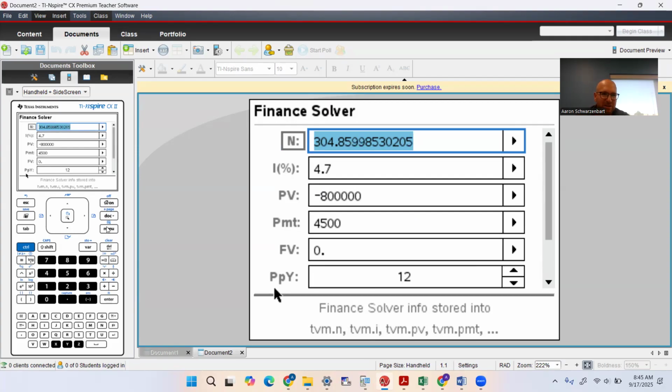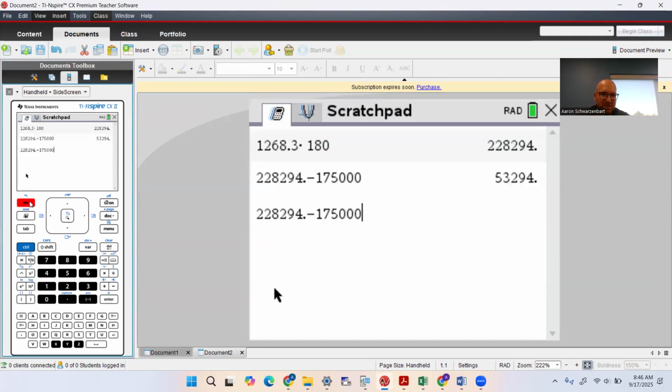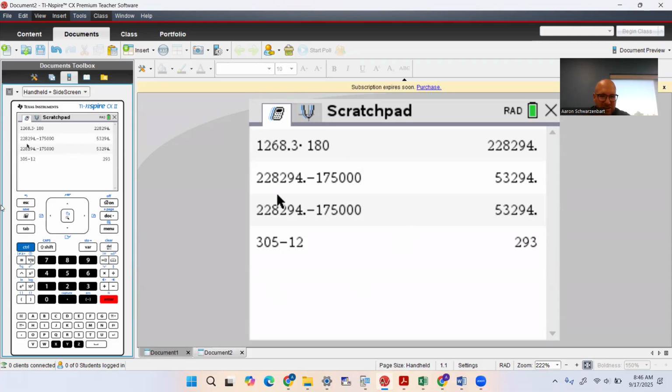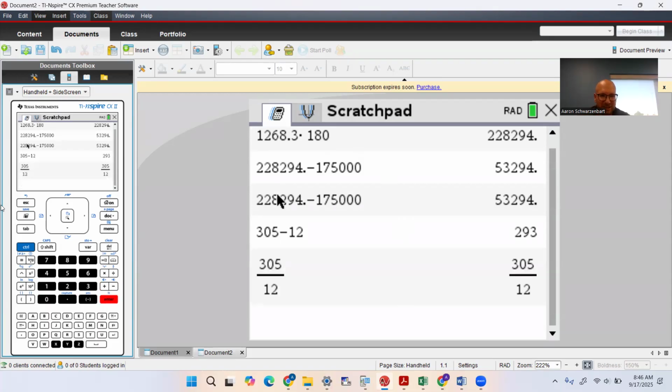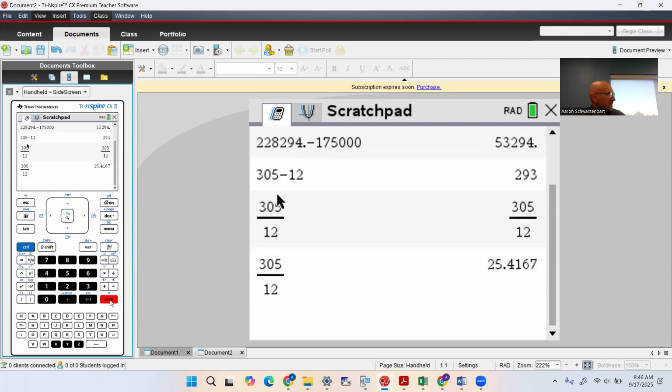Now I don't know what that is in years, so I'm going to have to do it. Definitely pressed the wrong button. And it always gives you the fraction. To get a decimal, you hit shift enter. 25.4 years. So the nearest year is 25 years. That would get him till 95.